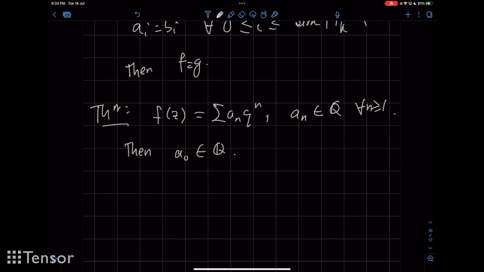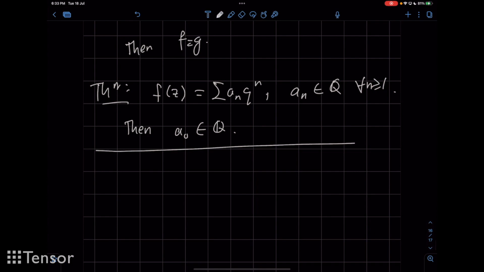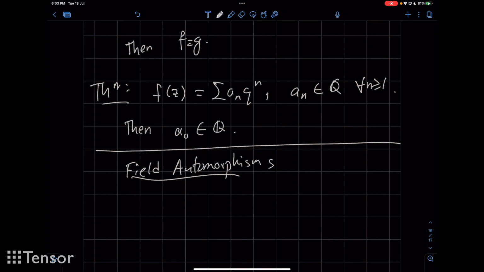So in order to prove it, let's take a slight detour to field automorphisms. A field automorphism is basically an isomorphism of a field with itself. A field is where we can add, subtract, multiply, and divide. Of course we cannot divide by 0, but we can divide by everything else in a field.